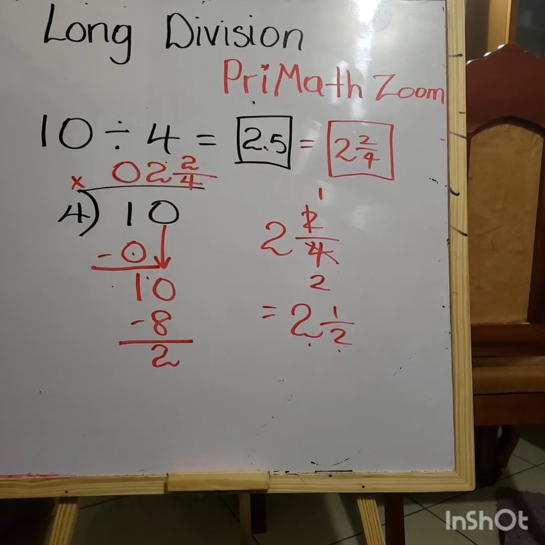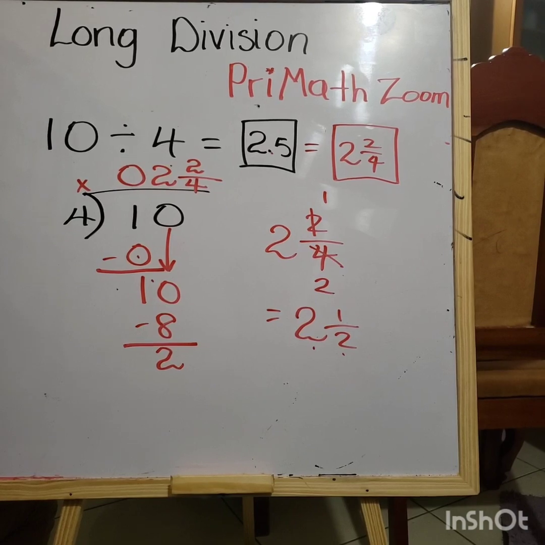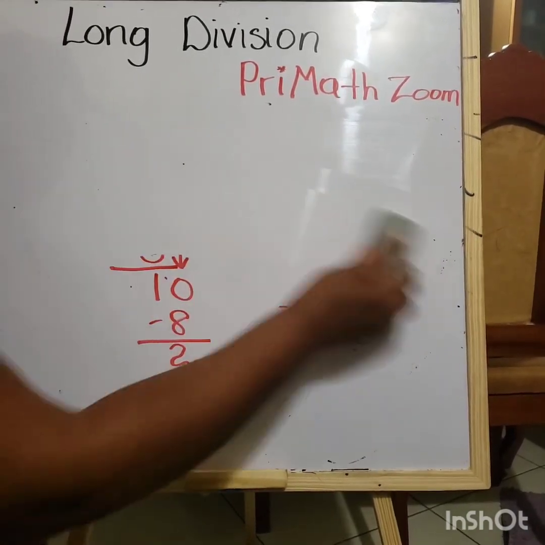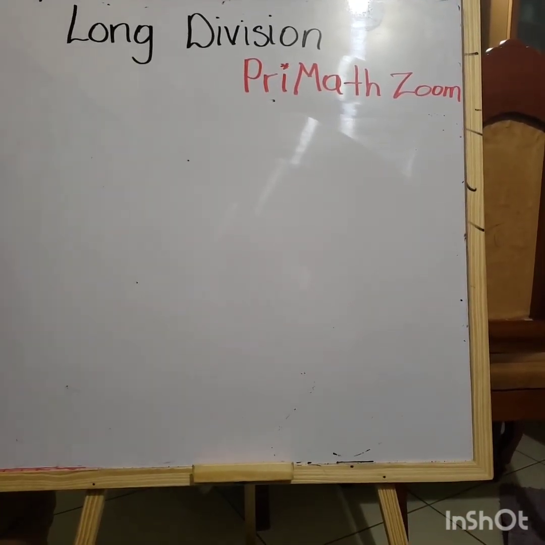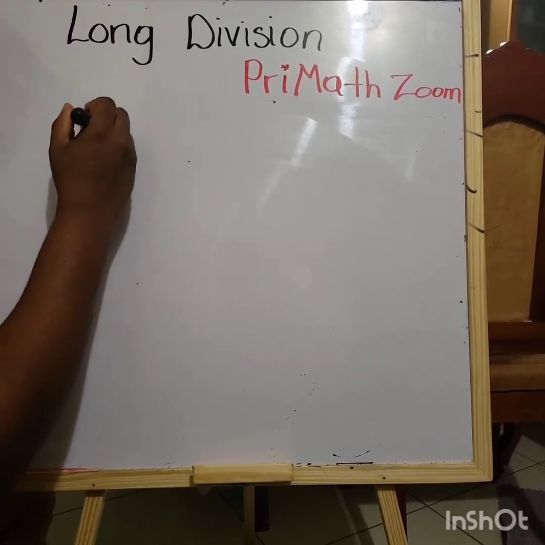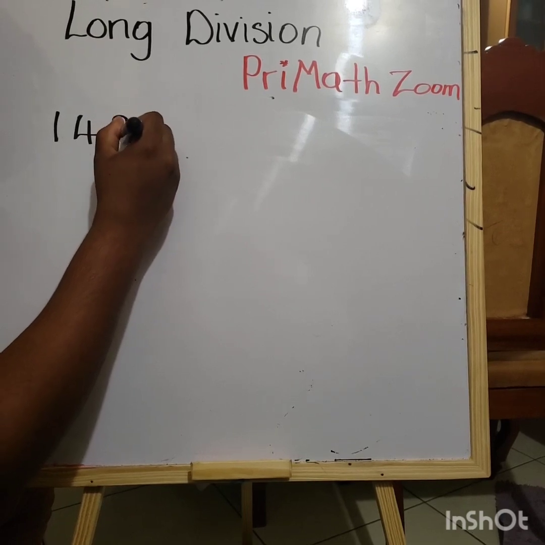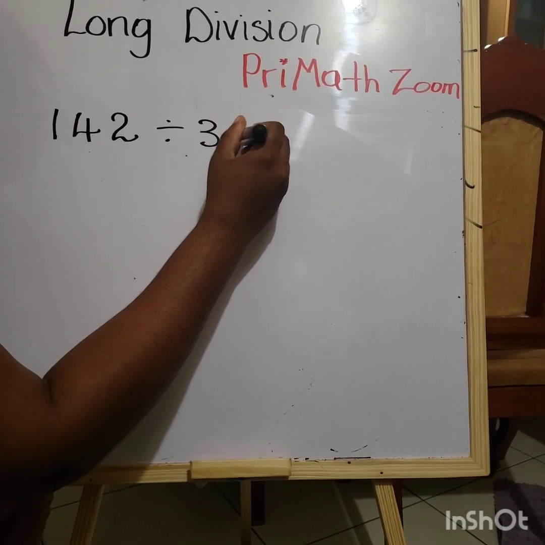Let us move ahead to a division problem, a longer division problem, something a little bit more difficult. So we have 142 divided by 3 equals.